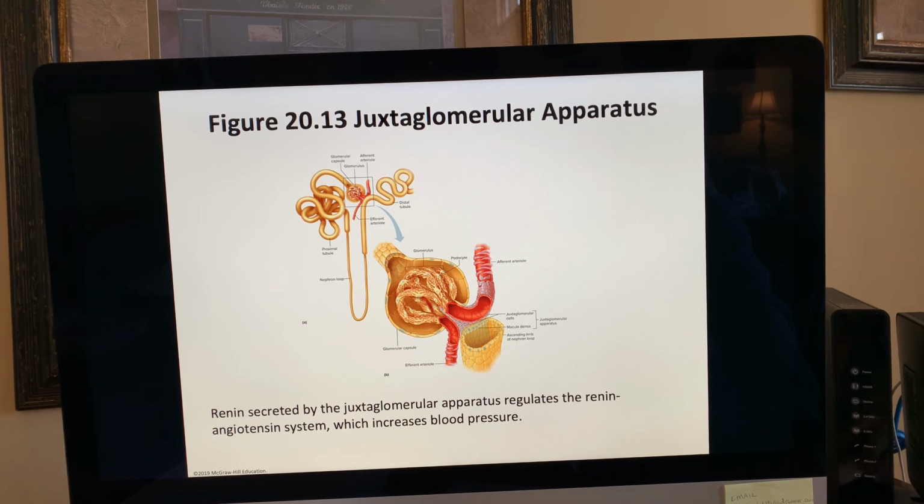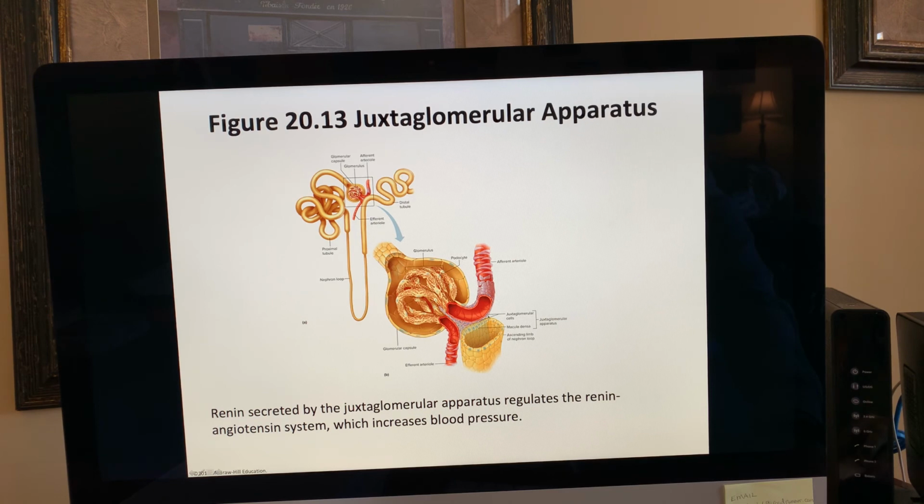And the juxtaglomerular cells can be stimulated in cases of particularly dehydration to produce a hormone, and that hormone is called renin. Renin is a hormone produced by the juxtaglomerular cells with input from the macula densa cells in conditions where blood pressure is low or dehydration is occurring.